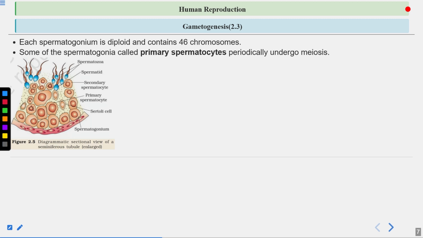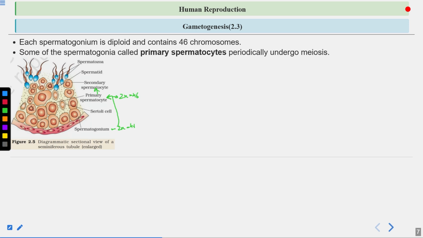So here you can see this was spermatogonium. This is diploid. These spermatogonium differentiate into primary spermatocyte. Primary spermatocyte will also be diploid, means 46 chromosomes. Then meiosis occurs in primary spermatocytes to form secondary spermatocytes.